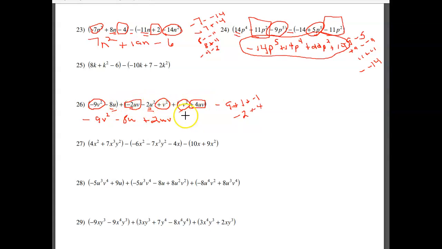So that's adding a negative 2u squared, which would make it just minus 2u squared. Now, I said a while ago that I wanted these in standard form. I do want them in standard form, but I can only do that when there's one variable. On this problem, there are 2 variables. So I can't really worry about doing that with that one. Okay, so we're just going to be combining like terms.